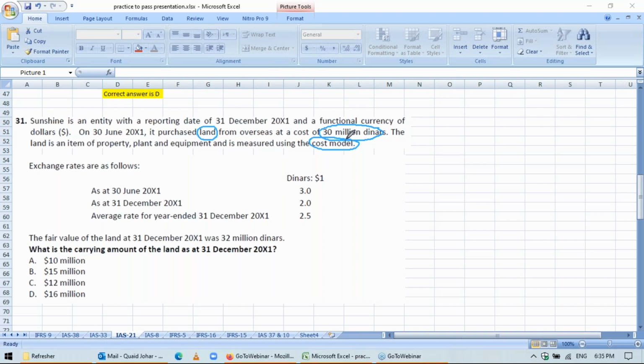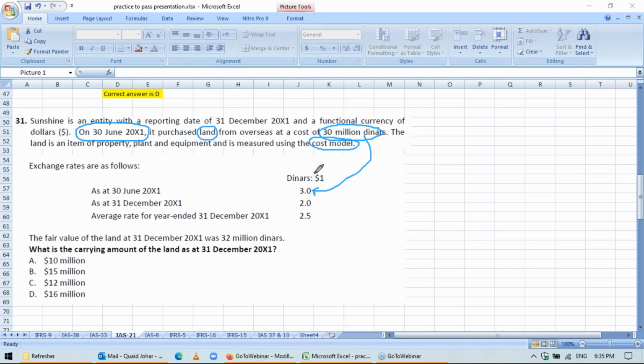So what happens is that the 30 million dinars value is in foreign currency, and the transaction takes place on 30th June 2001. At this date, the rate is 3. So what you will be doing, you will divide 30 million by 3, which is the rate, and this is an indirect quote.